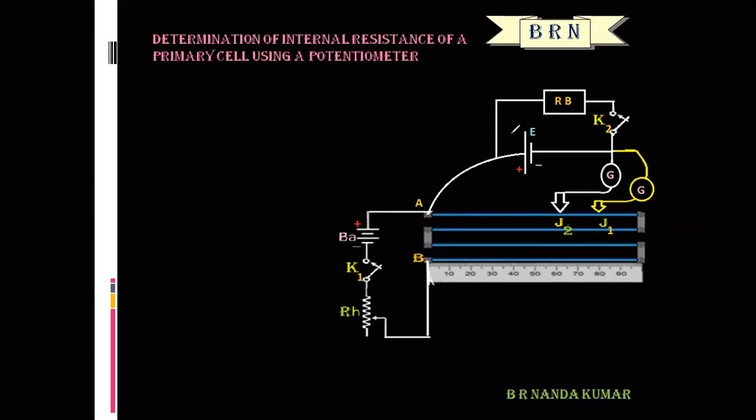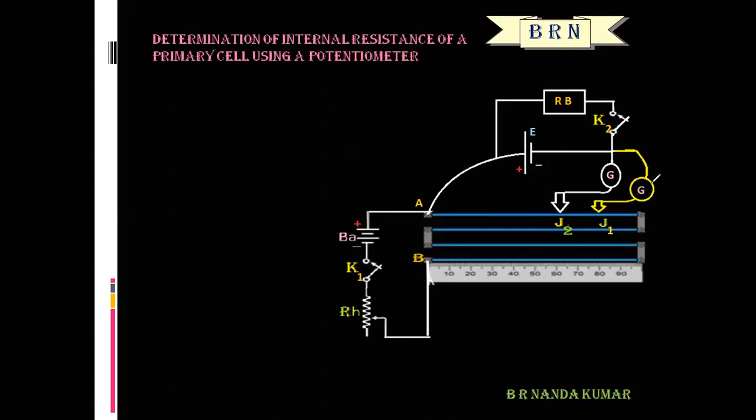This is a primary cell, and this is the positive terminal of the cell. This one is the negative terminal. The positive terminal of the cell is connected to point A. The negative terminal is connected to a galvanometer and the sliding contact.